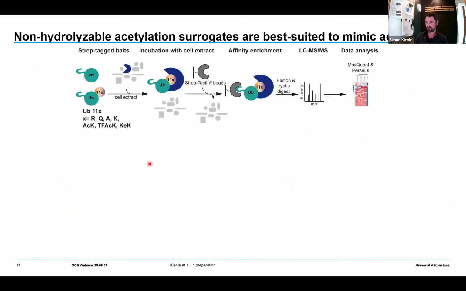And if the structure is really meaningful, we again should see some binding difference of ubiquitin binding proteins to those ubiquitin variants. So we again performed affinity enrichment experiments. In this case, we incorporated these amino acids at position 11 of ubiquitin.